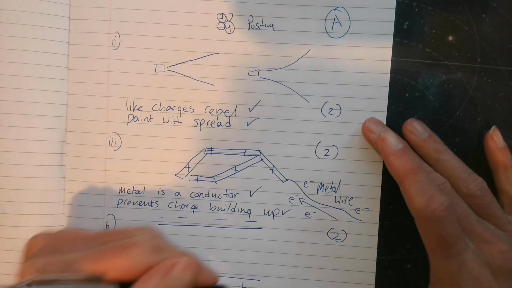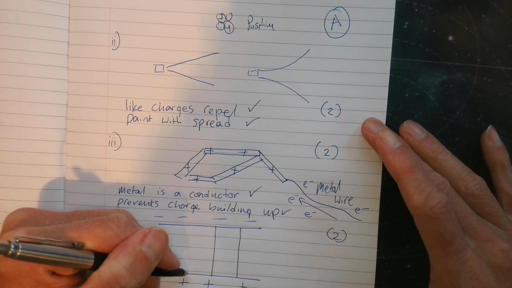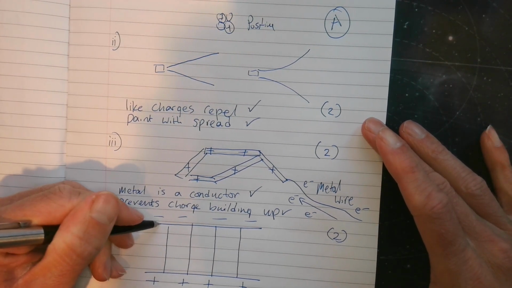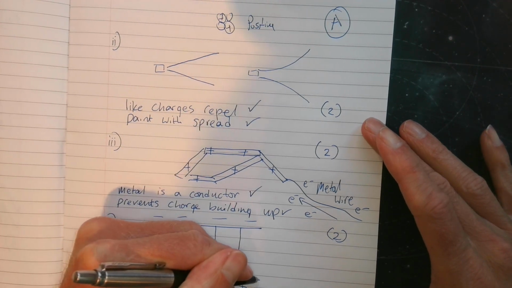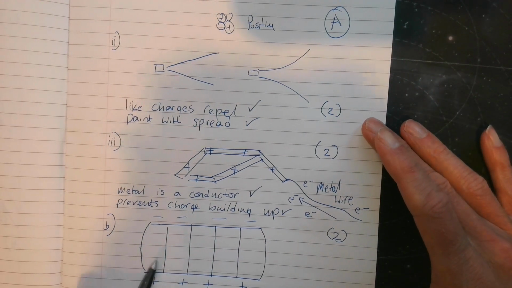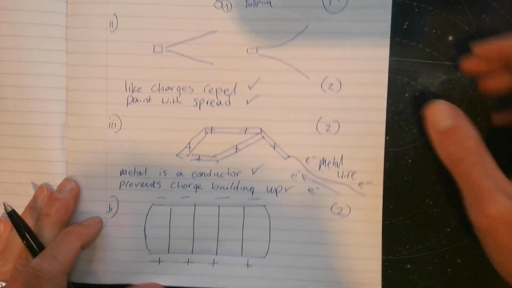Now, easy bit. Hopefully you remember that if we've got positive and negative, we're going to have electric field lines as straight lines like this going across. At the edges, you could be right to say they're going to curve a bit, but at this stage they're interested in these straight lines in the middle. So whether or not you've got those curved bits at the end doesn't matter.